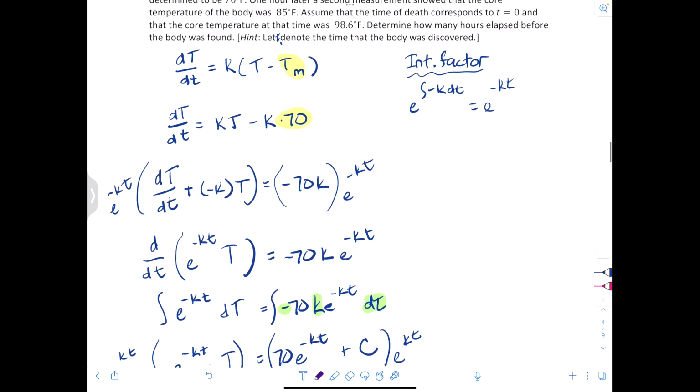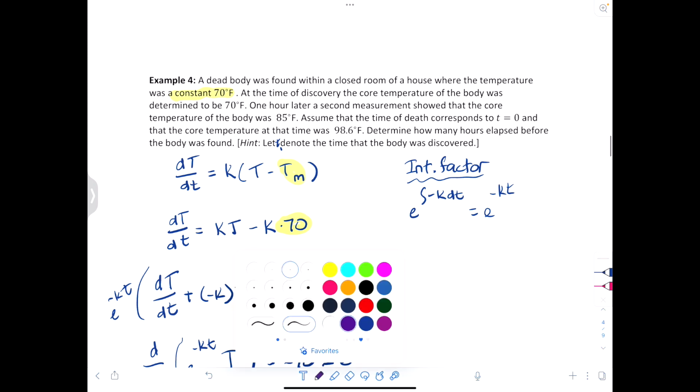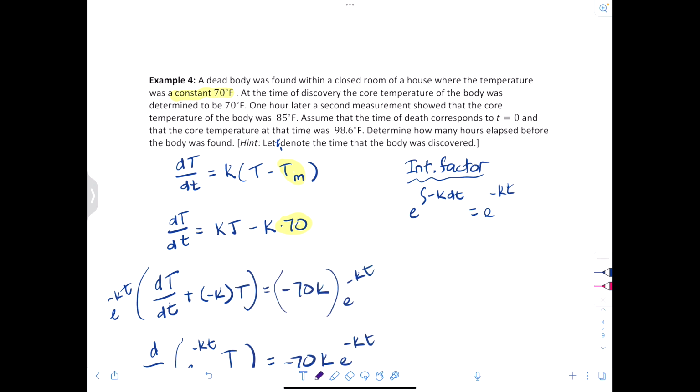And we were given the ordered pairs, right? So we were given that at the time of discovery, the core temperature was 70 degrees Fahrenheit.